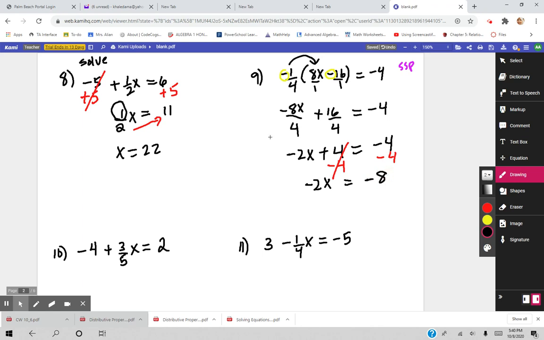So you have a negative and more negatives. Divide both sides by -2. So x equals, all right, so this is SSP. Same sign, positive. You're dividing a negative by a negative. They have the same sign, so the answer is going to be +4.